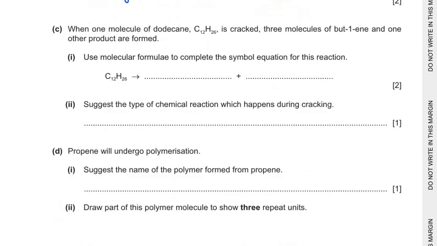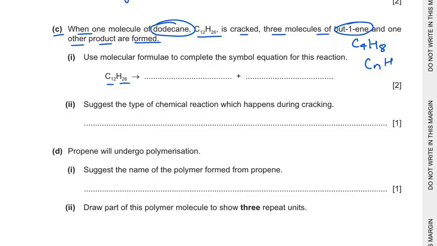Now if you go ahead still, the C question is when one molecule of dodecane, that is C12H26, is cracked, three molecules of butene and one other product are formed. Butene is C4, and since it is an alkene, we have C4H8, because the general formula of alkenes is CnH2n.